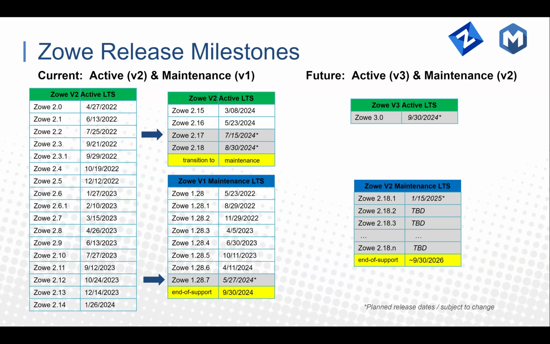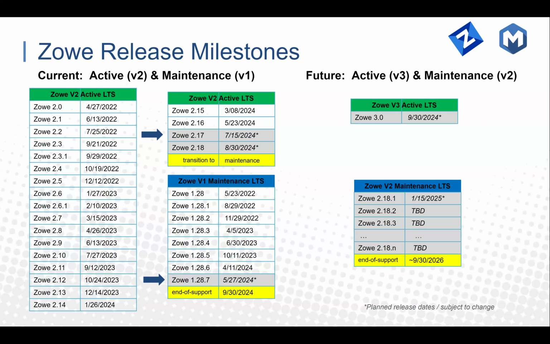And again, the first planned maintenance release, if you shift over to the right, down to the bottom, the blue box for V2 maintenance indicates that release is scheduled for early January of next year. That's not to say that if a vulnerability is discovered, we don't put out an earlier release for the maintenance release of version 2.